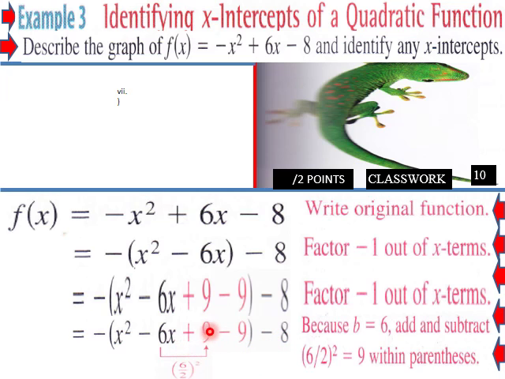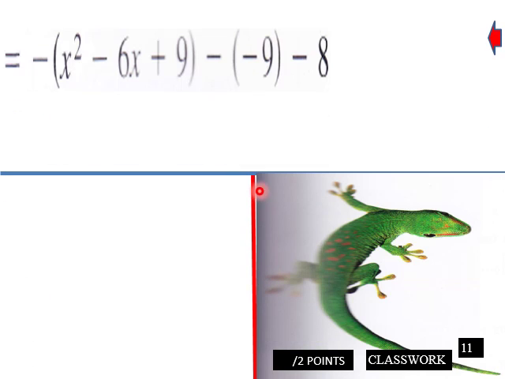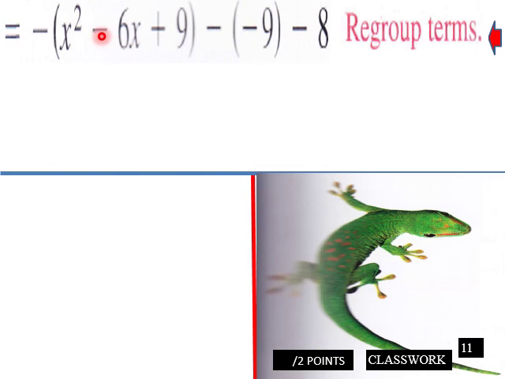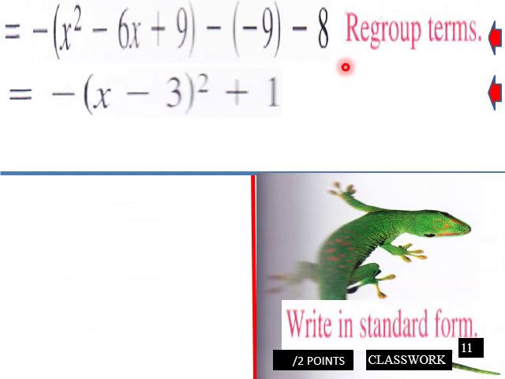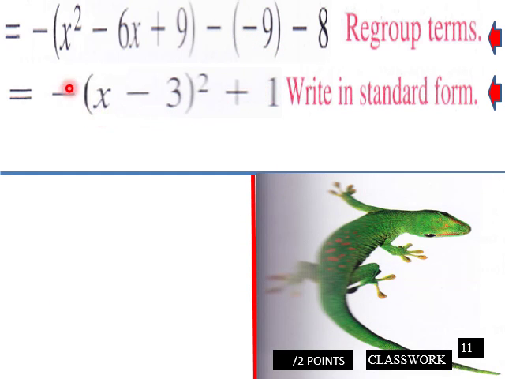Here is how we derived 9, is 1/2 of negative 6 squared. And then continuing on here, we get this perfect square inside here. We move our negative 9 out, and we move our negative 1. I mean, negative 1 times our negative 9. Regroup our constants outside the parentheses. So when we do that, we come up with a positive 1 here. We have negative x minus 3 squared plus 1.